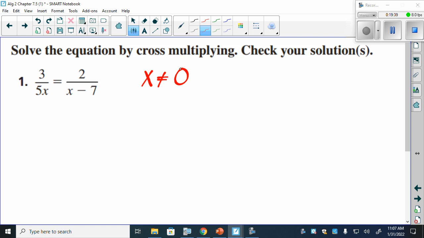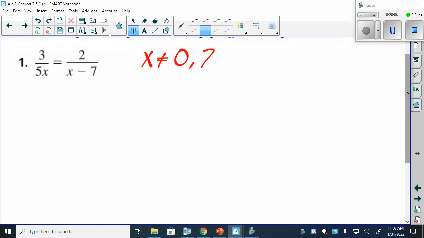Because if we have a variable and a number being multiplied but no addition or subtraction at all, it has to be 0. Even if it had been 5x squared, it's still going to be 0. And so x minus 7 would be 7, because 7 minus 7 is 0. Luckily, those two aren't bad. So if we get a solution of 0 or 7, we know that either one of those would not work. Okay.